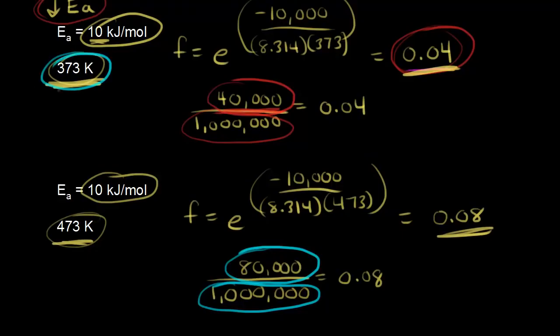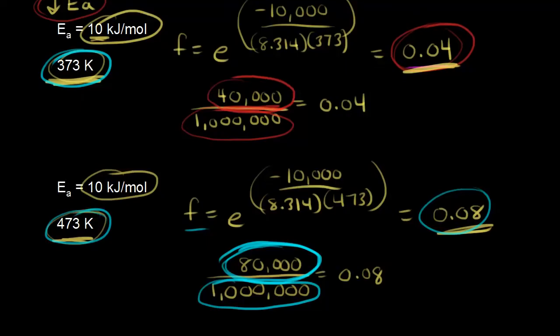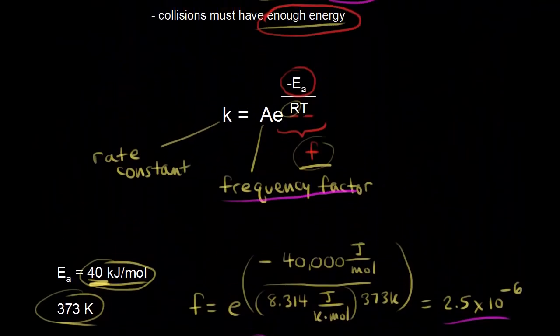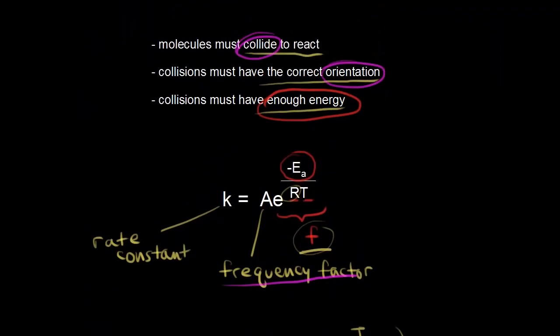All right, so we've increased the temperature. We've gone from 373 to 473. We increased the number of collisions with enough energy to react. We increased the value for F. Finally, let's think about what these things do to the rate constant. So we go back up here to our equation, right? And we've been talking about F, right?